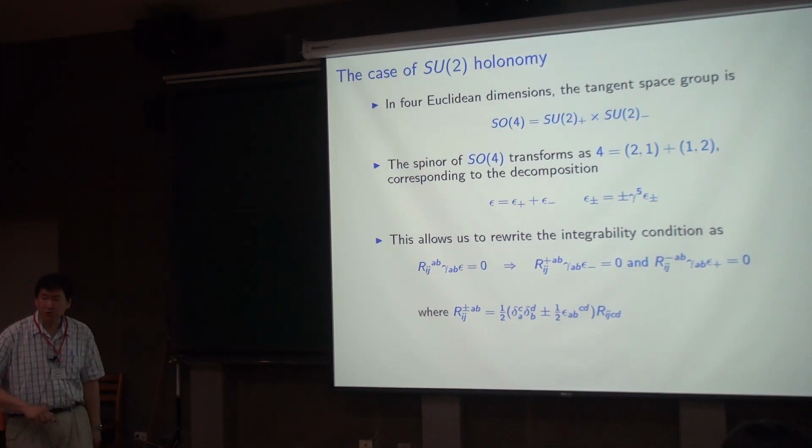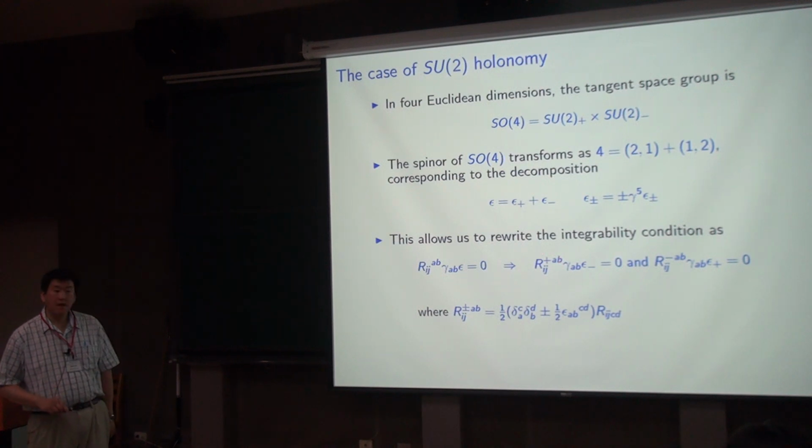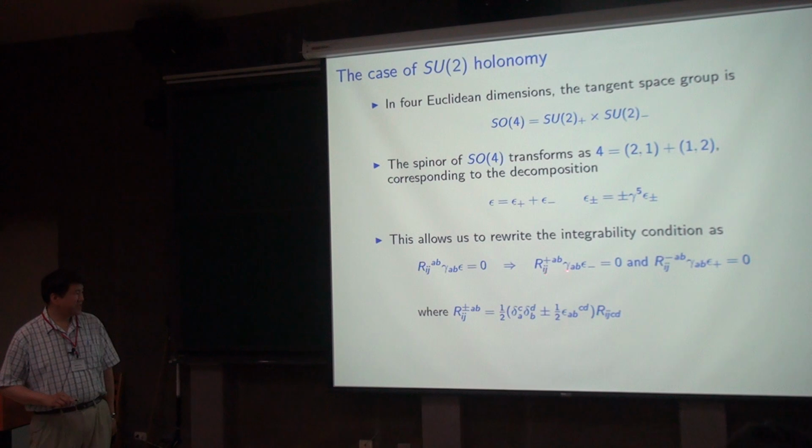If I chose a self-dual connection, in the sense that I found a manifold such that Riemann minus is equal to 0, then this equation is automatically solved. I only need to solve this other equation. I can solve it in the most simplistic manner by setting epsilon minus equal to 0.